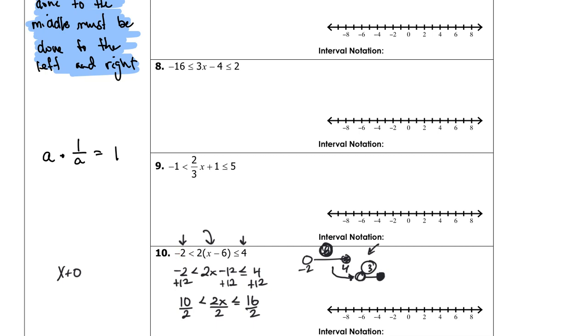So I turned a -2 into a 10, and I turned a 4 into a 16. So this is my new left-hand boundary point and my right-hand boundary point. You can't just adjust one of these boundary points at a time. You have to be adjusting both of them. And when you do that, you get 5 is less than x, which is less than or equal to the value of 8.